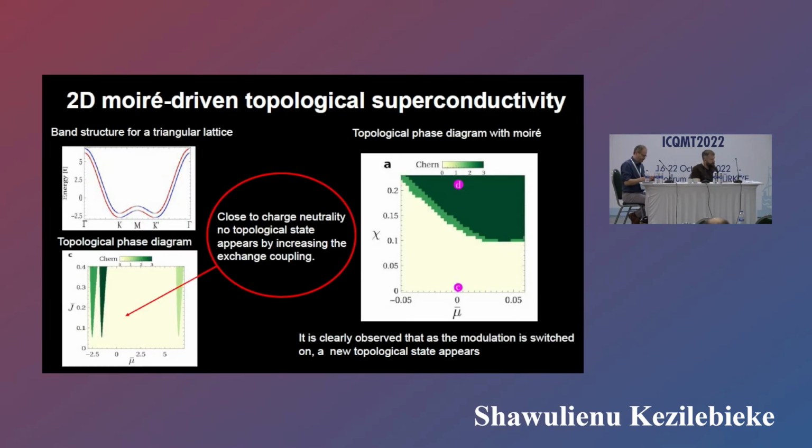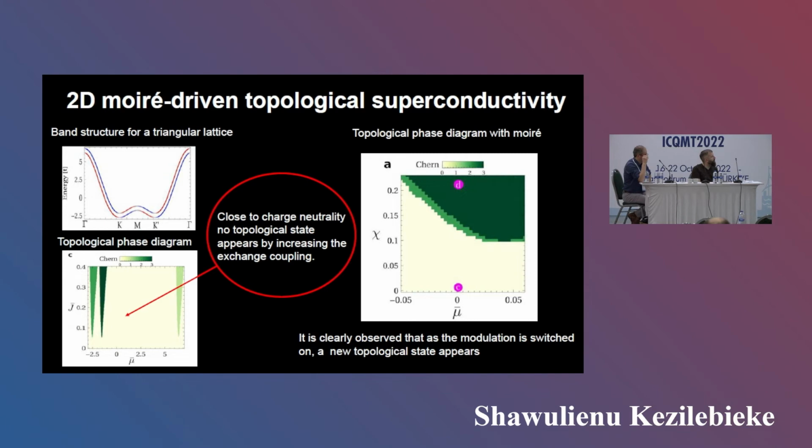Next slide, please. So now we can simply extend this to the two-dimensional case. Again, this is the triangular lattice, and these are three different high symmetry points, which give you topological superconductors. Particularly without the moire pattern, especially close to the charge neutrality point, you don't have any regions that host topological states.